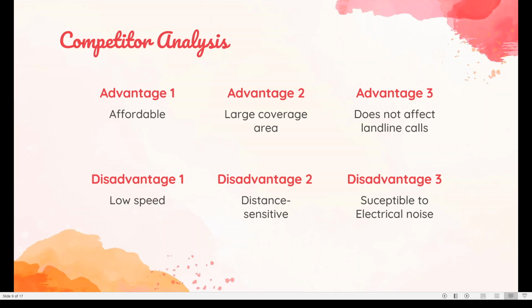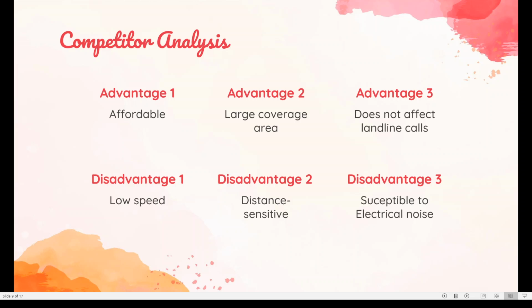The first disadvantage is the low speed for upstream, which is noticeable as there is the existence of, for instance, the asymmetric digital subscriber lines, which have a higher downstream than upstream, so it takes a longer time to upload stuff.